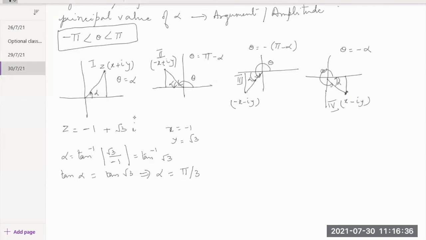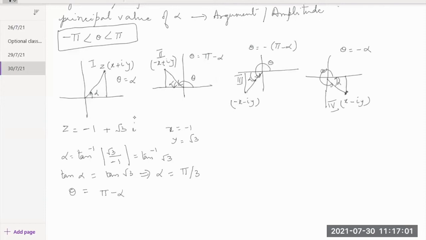But what is your argument or amplitude? I've already told you the principal value of this. Now, this is where the importance of these quadrants comes. You have already drawn the conclusion that since it is lying in the second quadrant, theta is related as pi minus alpha.